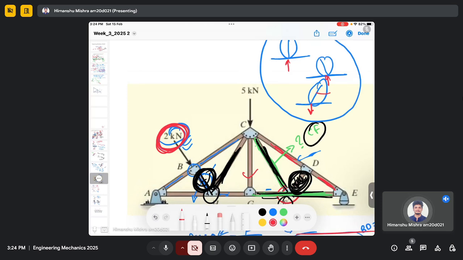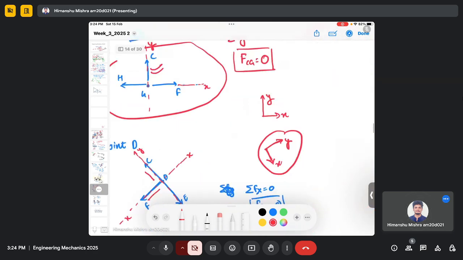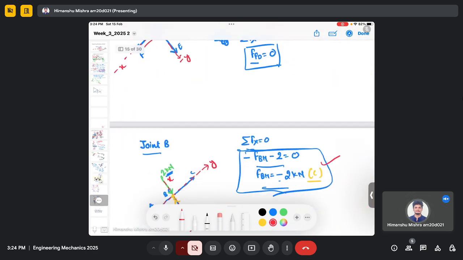It will have some force. The force will be distributed in this member. But if there is no external force, then this should be a zero force member. And you can check that very easily using the equilibrium equation.